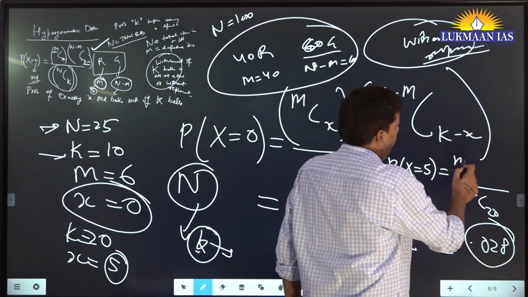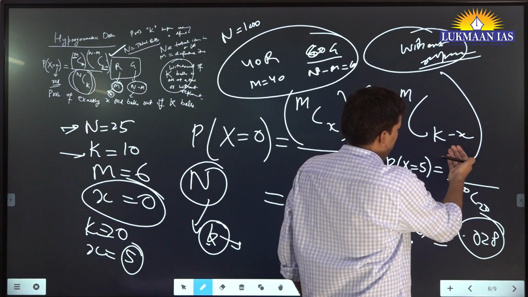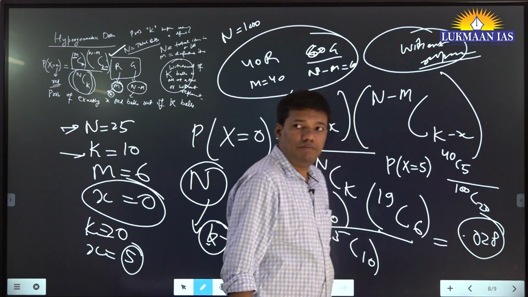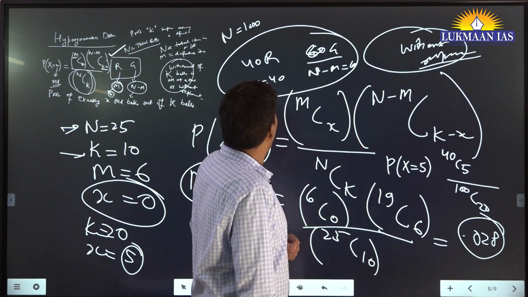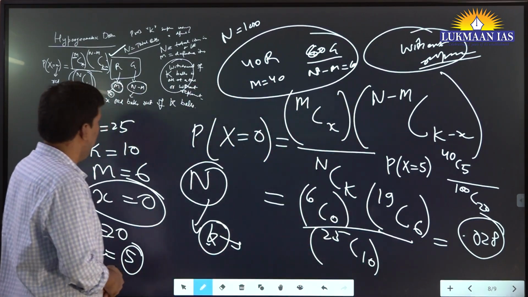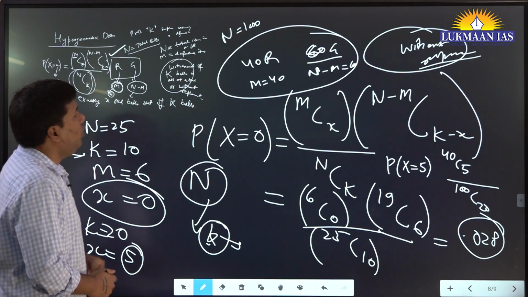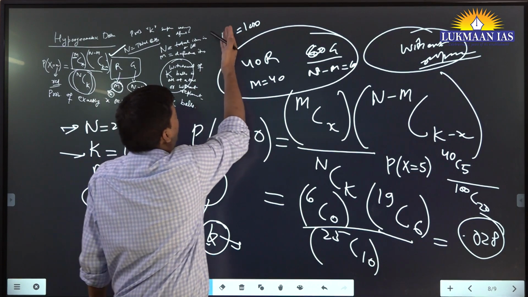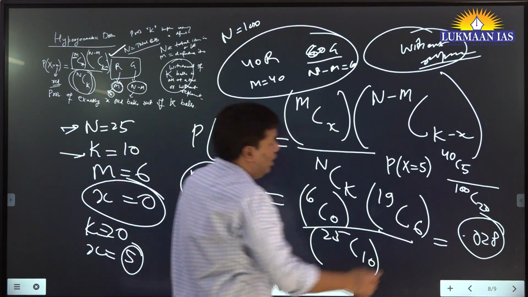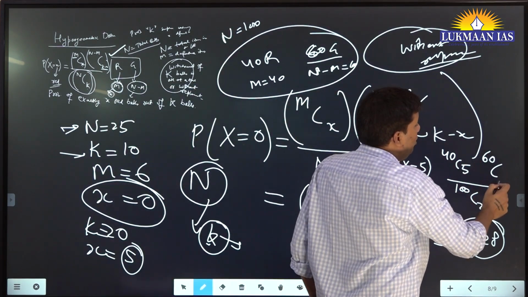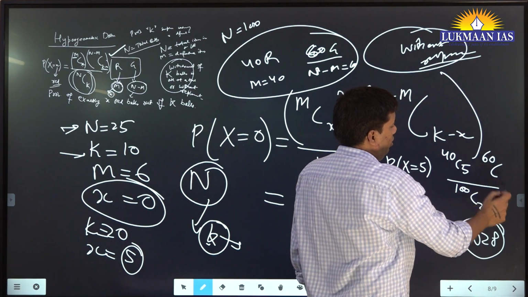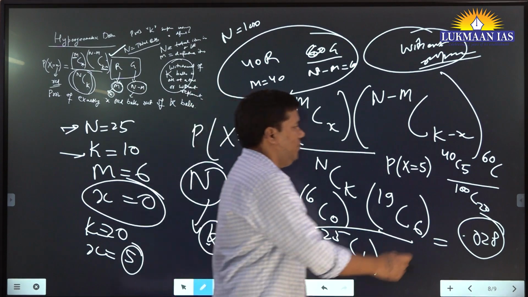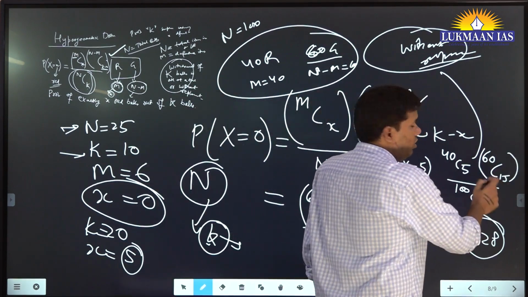Then N minus M C K minus X. N minus M is 60 minus 40, no, N is 100, so N minus M is 60. 60 C what? 5 is wrong, it is 20 minus 5, which is 15. Very good. So 60 C 15.